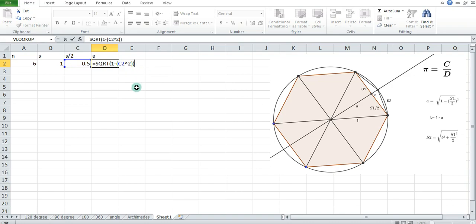So when we press enter, the value for this a is 0.866.